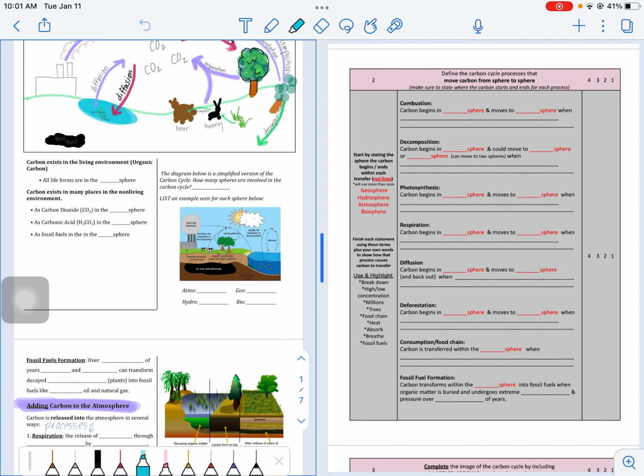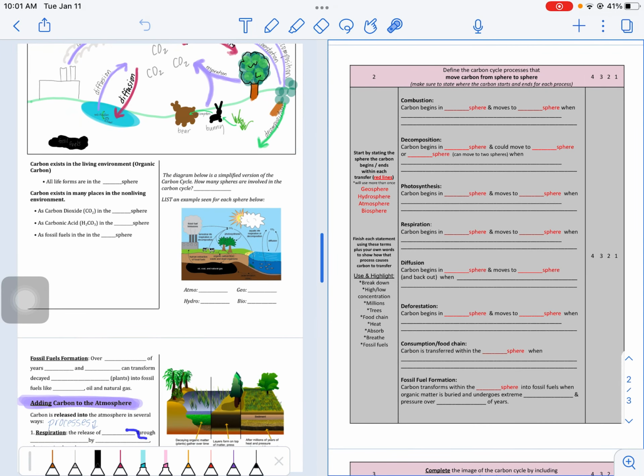So learning target 2 here, we've got some keywords. These are all our process terms of how carbon moves around the carbon cycle. We want to explain in learning target 2 how carbon moves from sphere to sphere, or which sphere to which sphere rather, and then how that's happening.